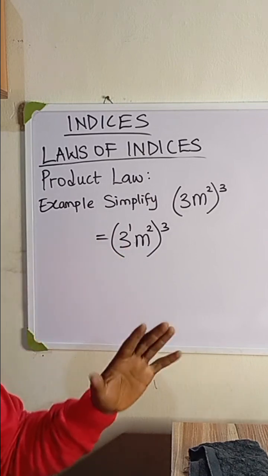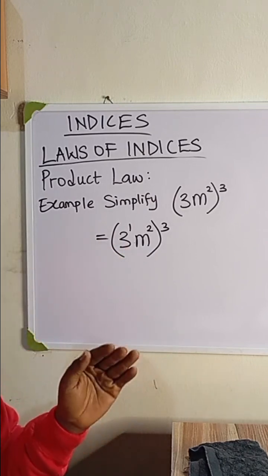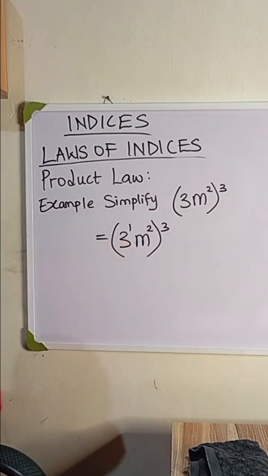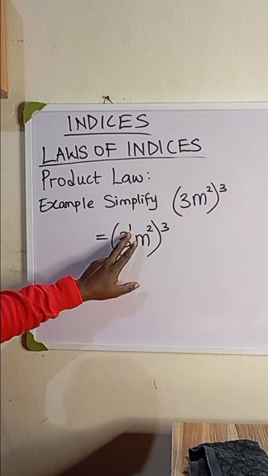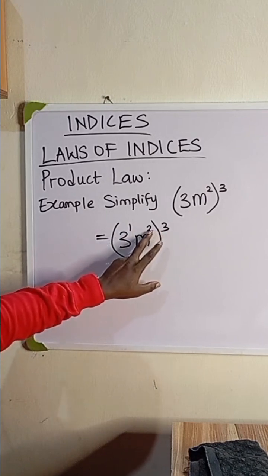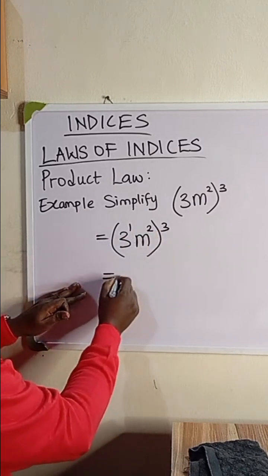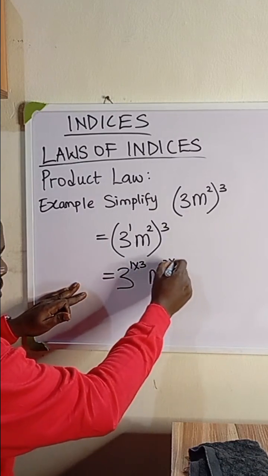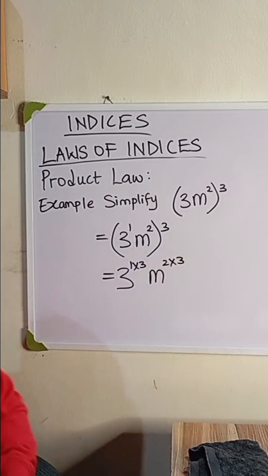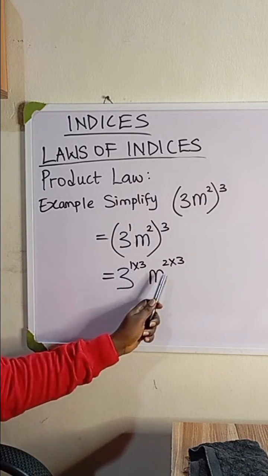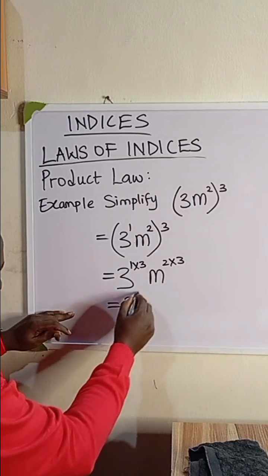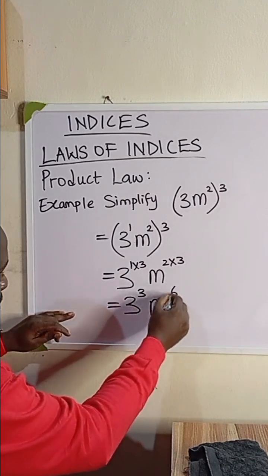Now this 3 is going to multiply 1, and 3 is going to multiply 2. So we are going to have 3 to the power of 3, m to the power of 6.